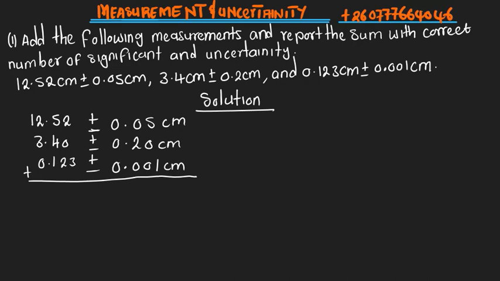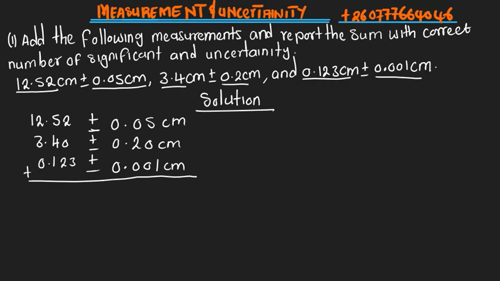Now, we've got what we call the true measure, which is this measure here. Then this is the measure of error. The rules are: add the true measures alone. So we say 12.52 plus 3.4 plus 0.123.